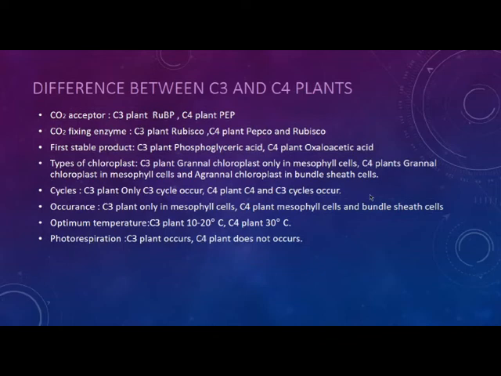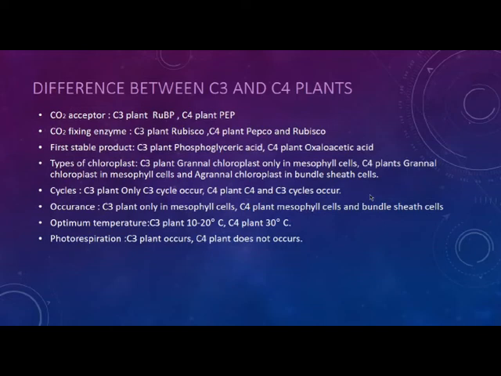Carbon dioxide fixing enzyme: C3 plants use the enzyme Rubisco, and C4 plants use the enzyme PEPCO as well as Rubisco to complete the Calvin cycle. The first stable product in C3 plants is phosphoglyceric acid. In C4 plants it is oxaloacetic acid.